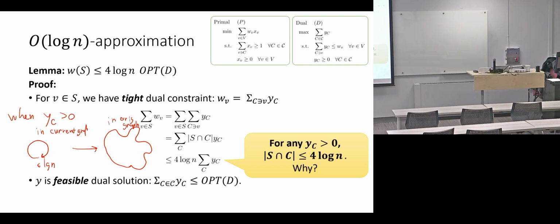If you have chosen any node in this cycle into your solution, then this wouldn't be a cycle in our current graph, because we would have removed this node. Yes. Okay. So before we increase this, S intersect C is 0.